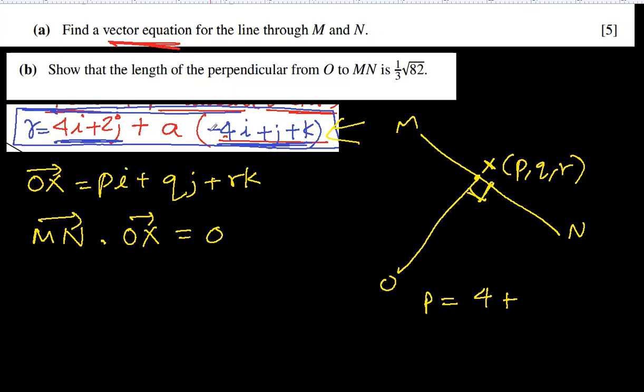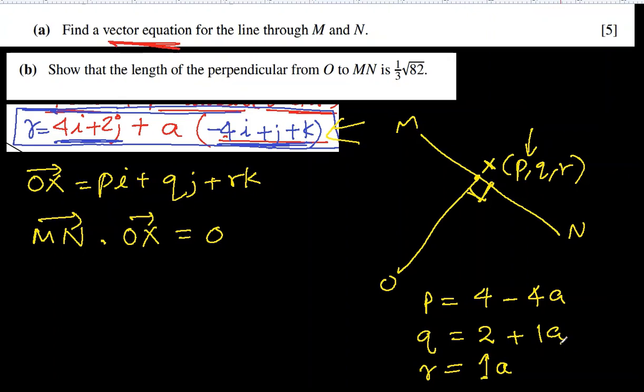And here we have minus 4. So we can write 4 minus 4a. That is the P coordinate. Q will be 2, and there is j here, plus 1a. Alright, R will be, there is no k here, so we'll just write 1k, so 1a.